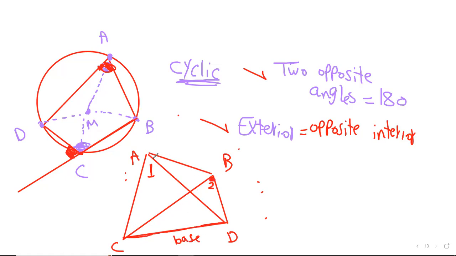The size of angle 1 equals the size of angle 2. Do you know why? Because they are drawn on the same base, on the same side of the cyclic quadrilateral. So angle 1 equals angle 2, and angle 3 and angle 4 are equal because they are drawn on BD. So each two angles drawn on the same base are equal in size.